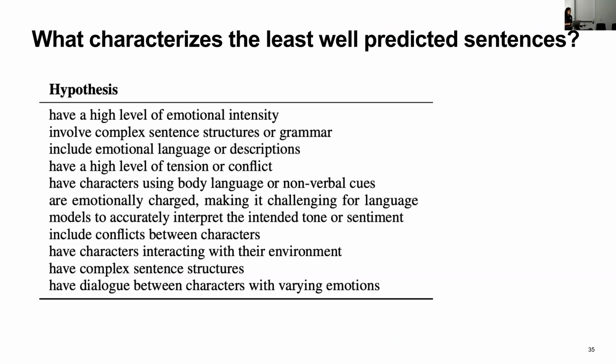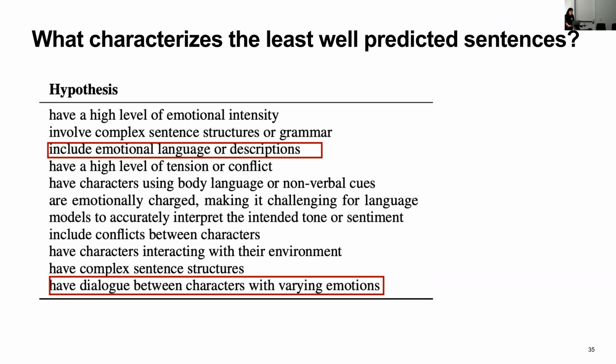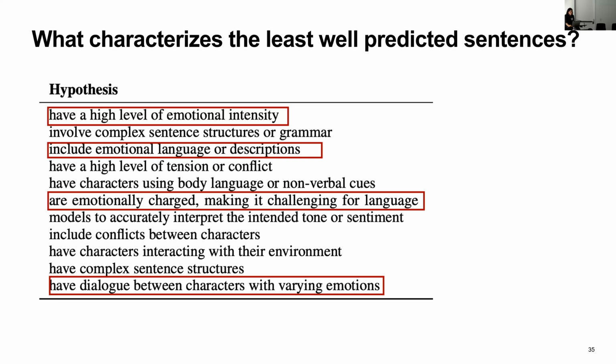So these are what the method thinks characterizes the sentences that are hardest to predict in the brain, or for which there's the most dissimilarity between the representation in the brain and the representation in a language model. For the interest of time, we can focus on some of these hypotheses, which pinpoint a difference between how the brain represents emotional information in sentences and how the language model represents emotional information in sentences.